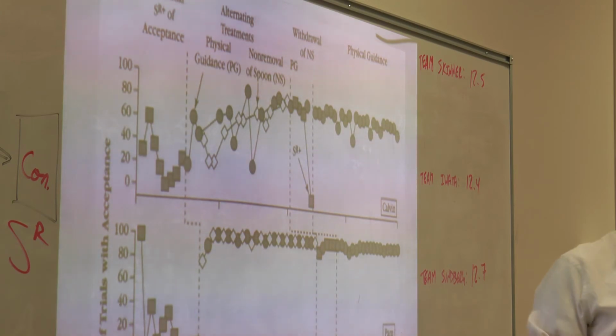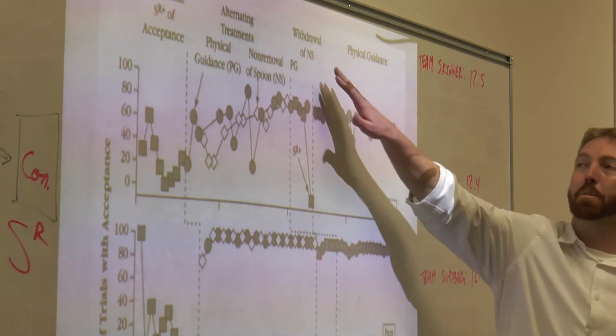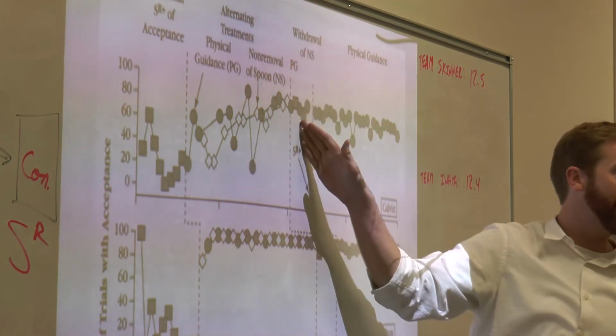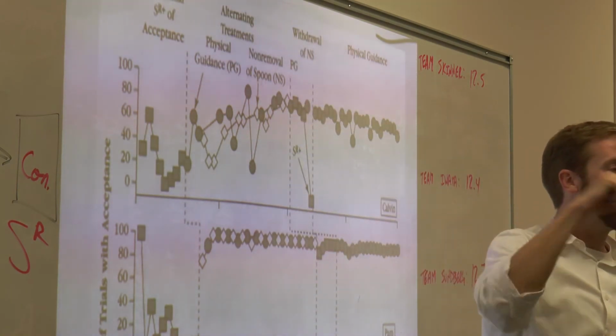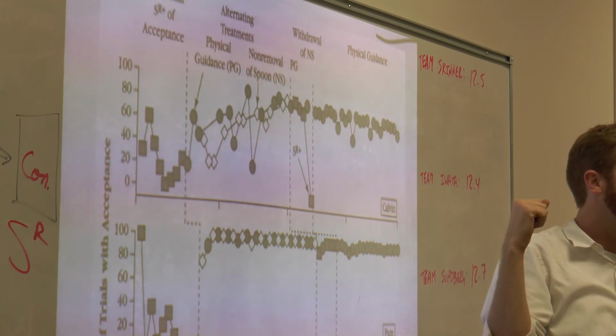But if we withdraw the spoon, it should be like withdraw spoon. Because inside the parentheses, the "as" means non-removal of the spoon. It means they try to stop using that intervention, right? No, this means that they use only that intervention. So when the student eats, they can withdraw that negative stimulus.